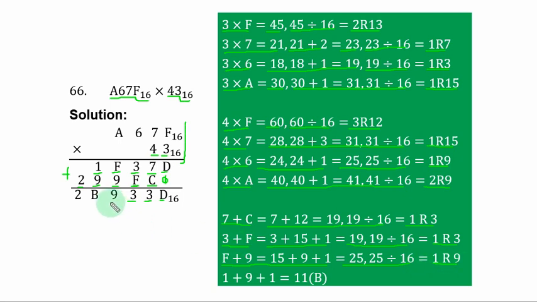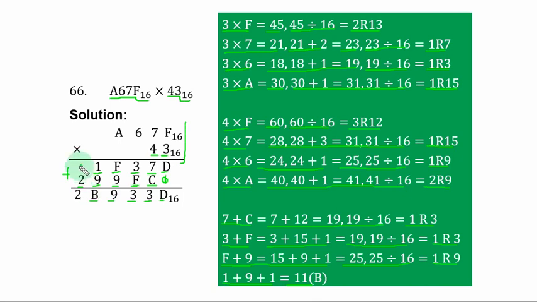You record 9 and you take 1 forward to the fifth column, where you have 1 plus 9, plus the 1 you carried forward is 11, and 11 represents letter B in base 16.